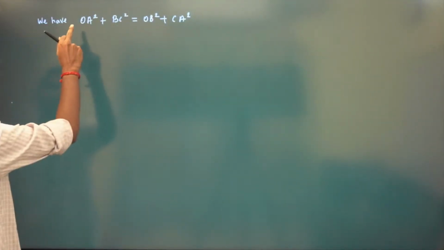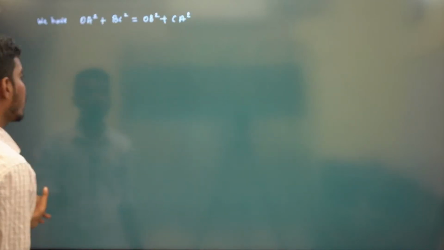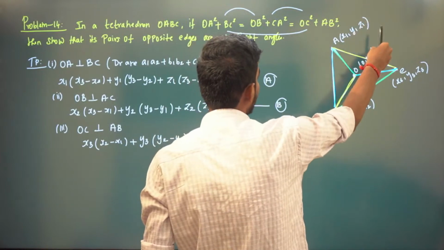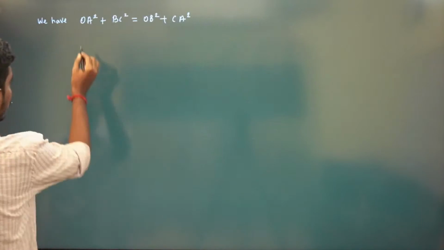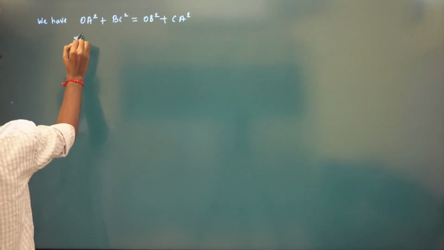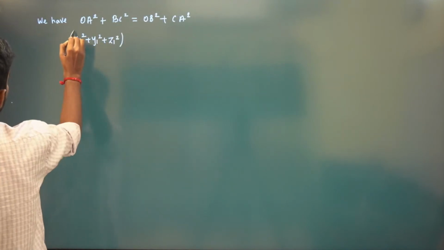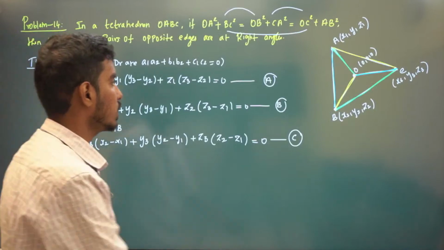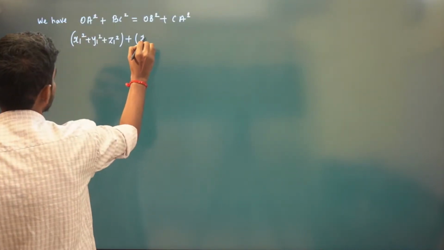Now what is OA? The distance from O to A, squared. You don't need to put the square root. It is root of (x1 minus 0) whole square plus (y1 minus 0) whole square plus (z1 minus 0) whole square, but you don't need the square root because we have the square here. So it is nothing but x1 square plus y1 square plus z1 square. Now what is the distance from B to C? It is (x3 minus x2) whole square plus (y3 minus y2) whole square plus (z3 minus z2) whole square.